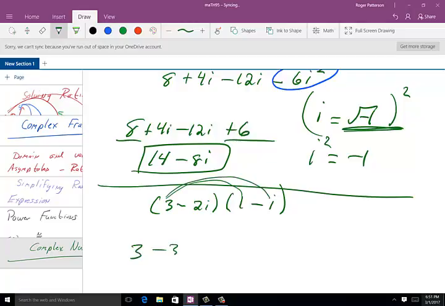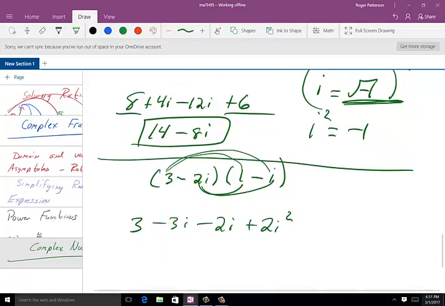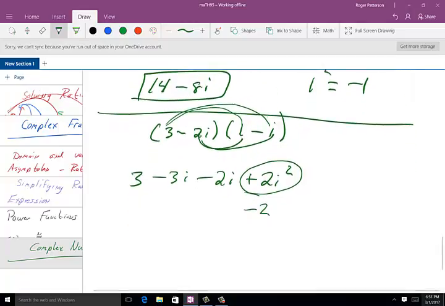There's a negative 3i minus 2i plus 2i squared. But what's that 2 going to become, really? Yeah, this is good. This is already a plus 2. So that 2i squared is really going to become a negative 2. Okay, because i squared is negative 1. So it's just going to change that sign.